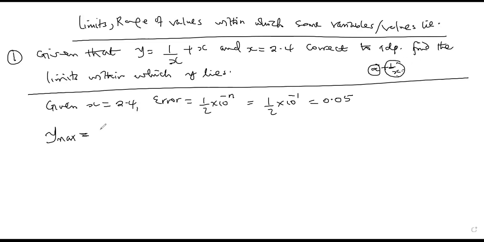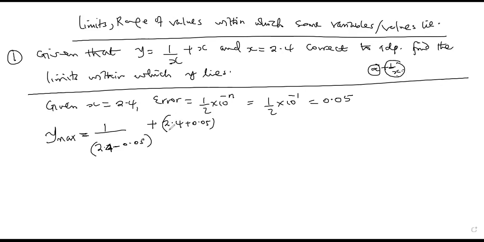So we shall have 1 over 2.4 minus 0.05, so that we minimize it. Then plus x maximum, 2.4 plus 0.05.